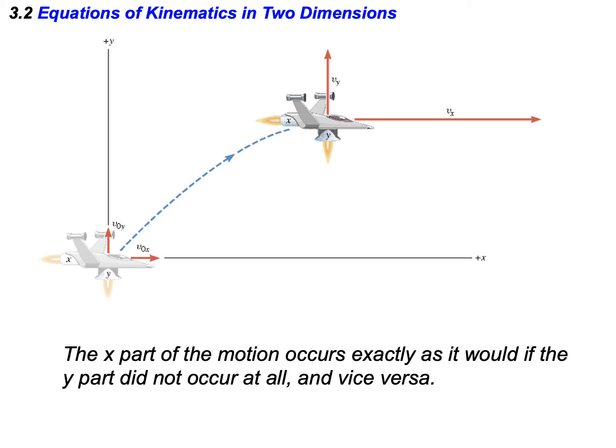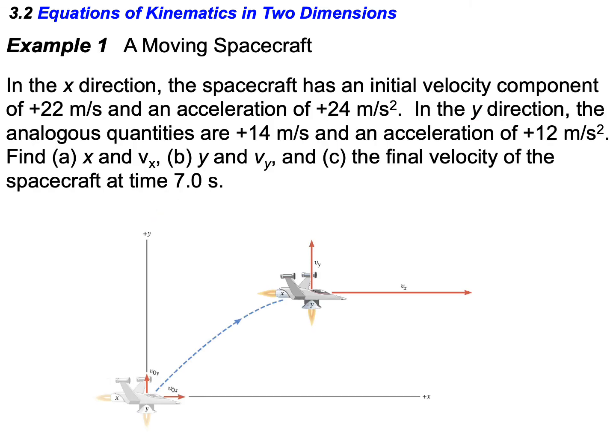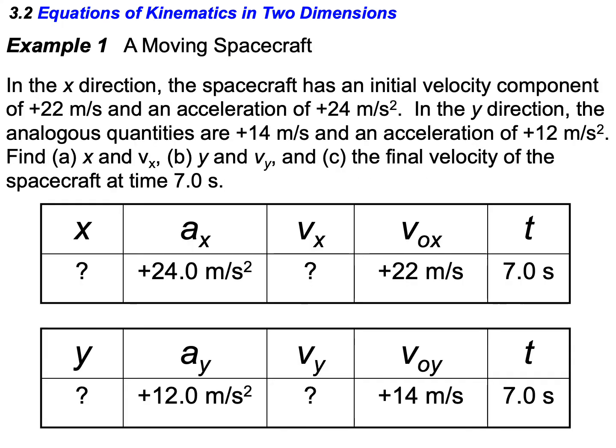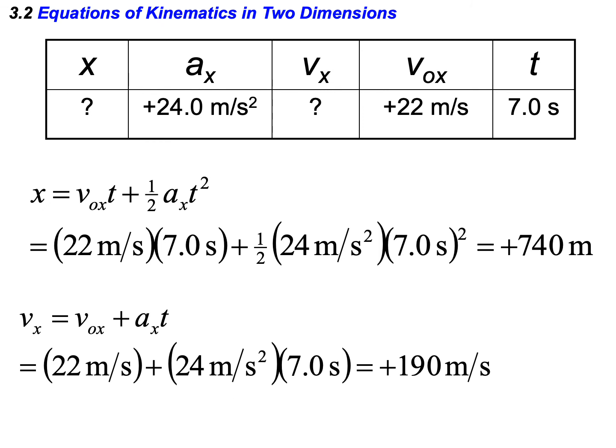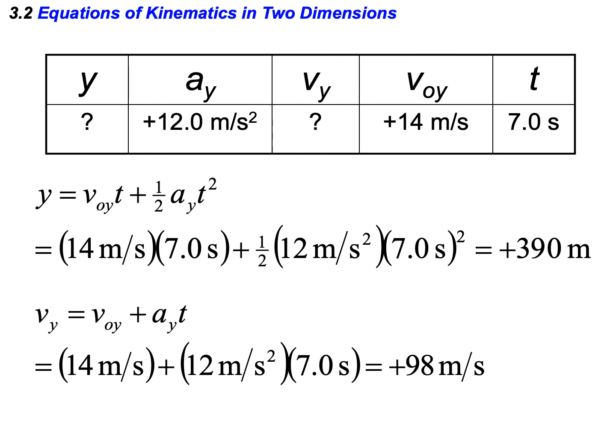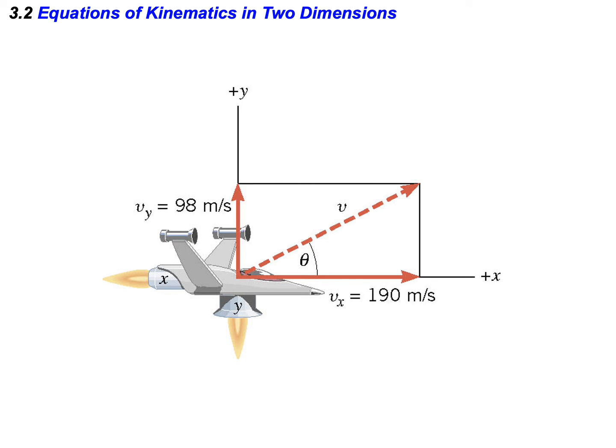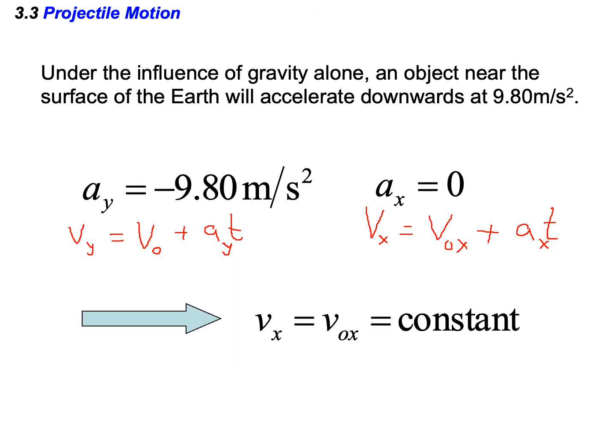Let me move to slide number 18. So in this case, you see here acceleration along y direction is negative 9.8 meters per second square.